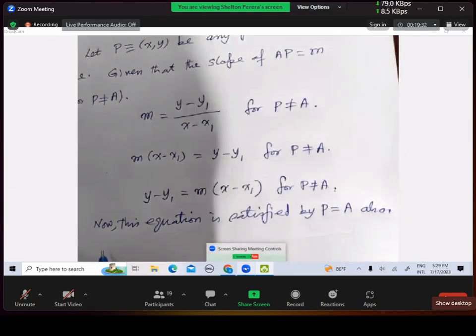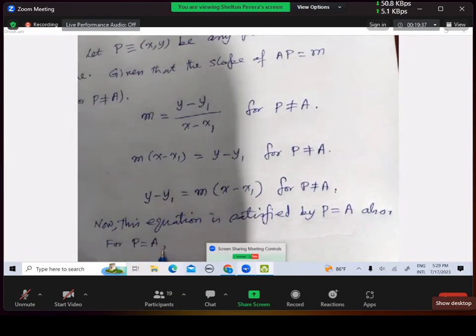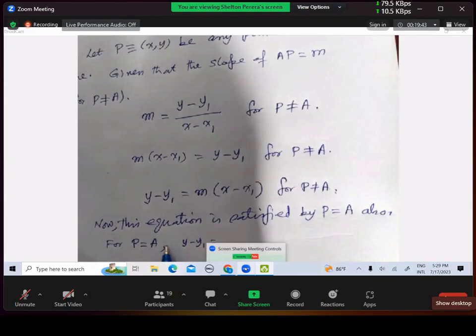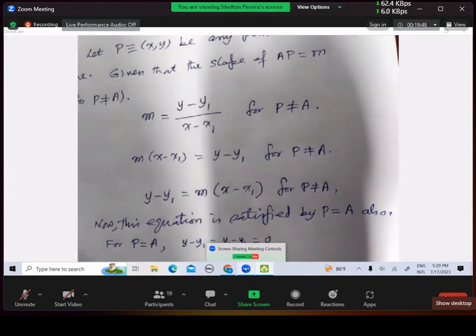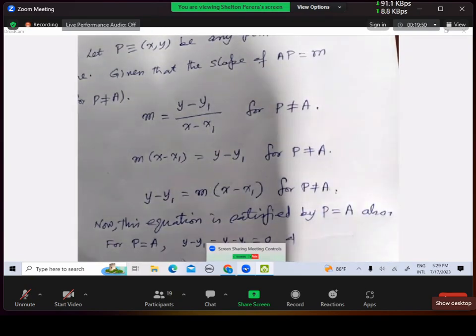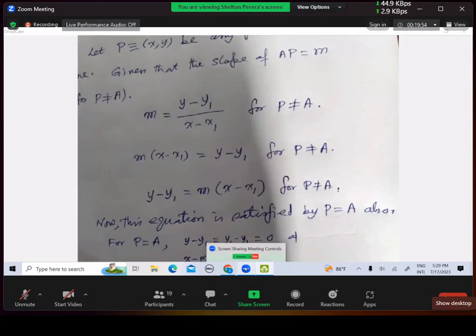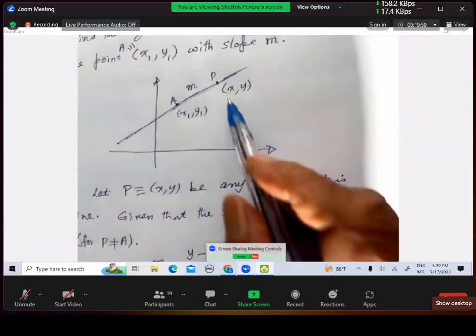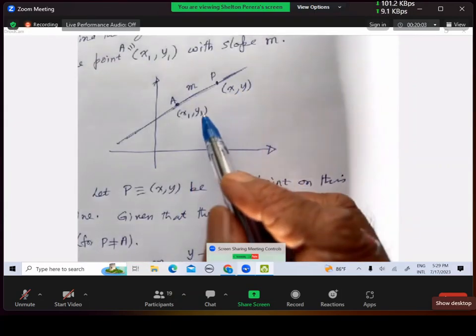For P equals A, the left hand side, y minus y1: if P and A are equal, y is y1, so y1 minus y1 is 0. And for x minus x1, if P is equal to A, x, y equals x1, y1, so y equals y1, x equals x1.